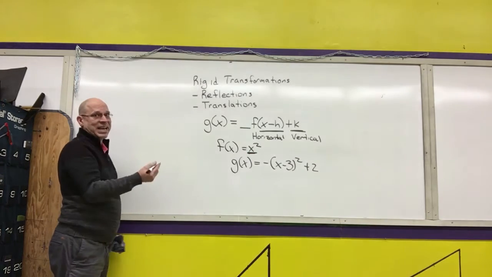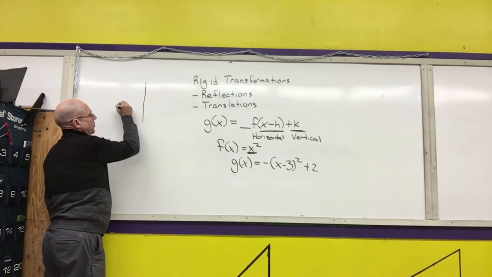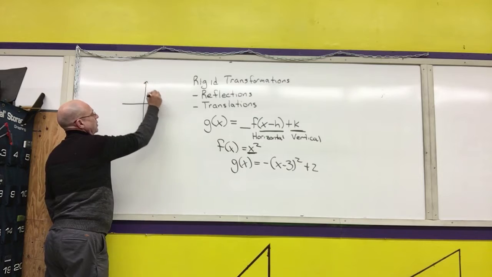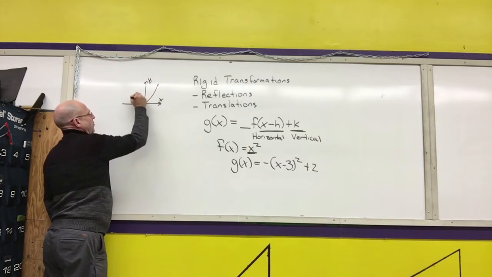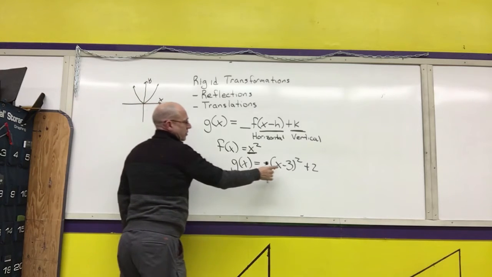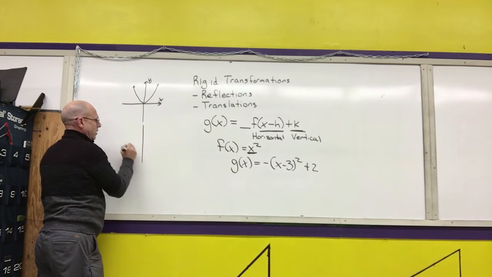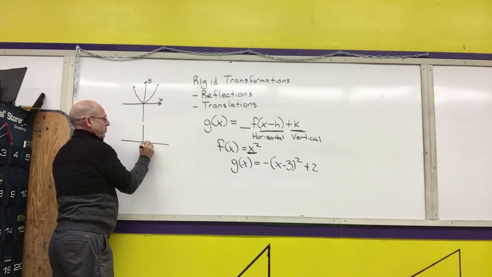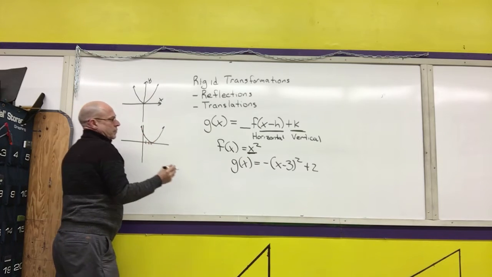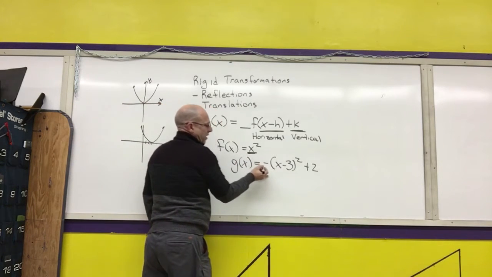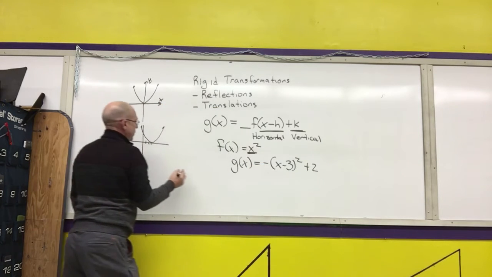So here's an example of graphing using transformations. The first graph that you are going to sketch would be y equals x squared. And then we just follow the order of operations. I take my parent function and I shift it 3 to the right. So 1, 2, 3, and now it's shifted 3 to the right. And because you multiply before you add, I am now going to flip my graph upside down.